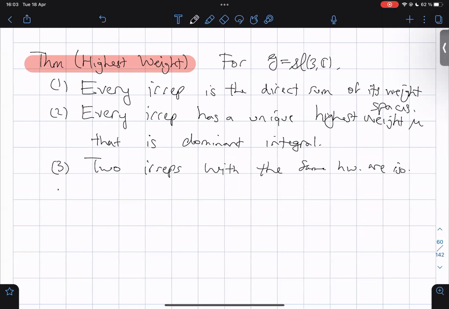This is the analog of the SL2 case, where it was m, a non-negative integer classifying the representation. You know what those representations are: you could realize them as the nth symmetric power of the standard representation.